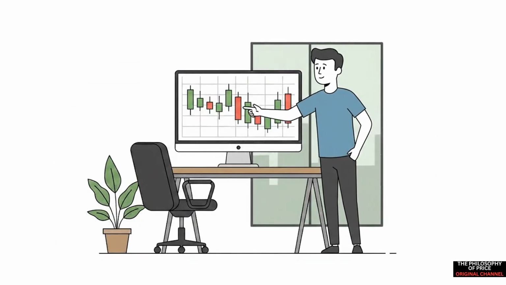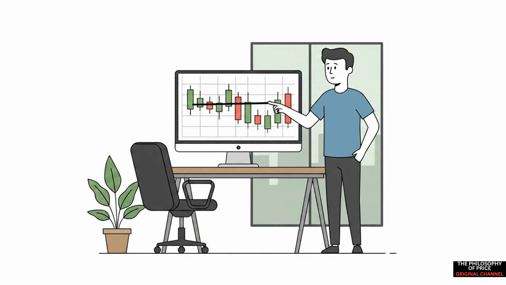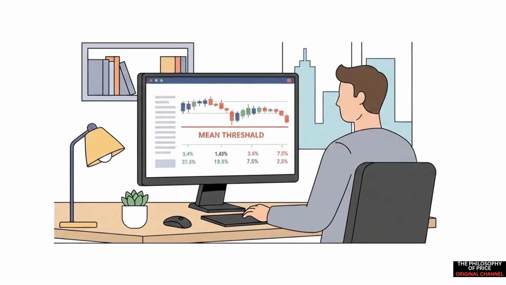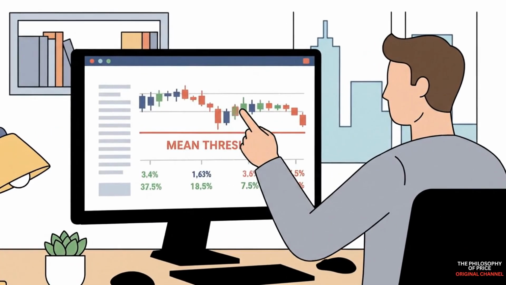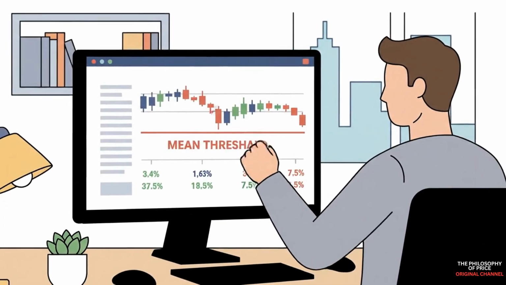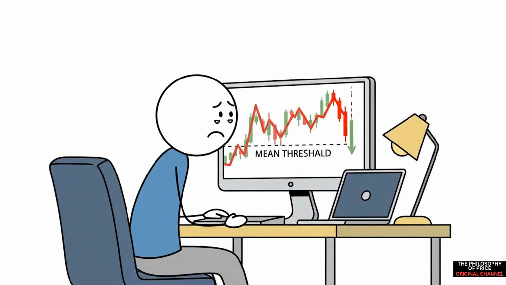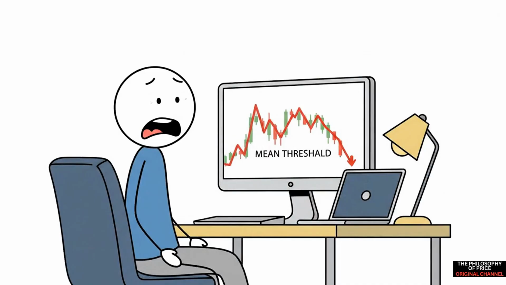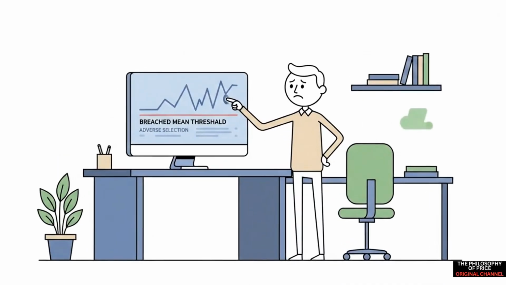Additionally, mark another crucial level, the mean threshold, located precisely at the 50% mark of the candle's body. This specific line functions as your critical discipline indicator, helping you manage your trade effectively. Should price penetrate deeply into your zone, breaching the 50% mean threshold, it suggests a stronger opposing liquidity than anticipated. Consider the concept of adverse selection.